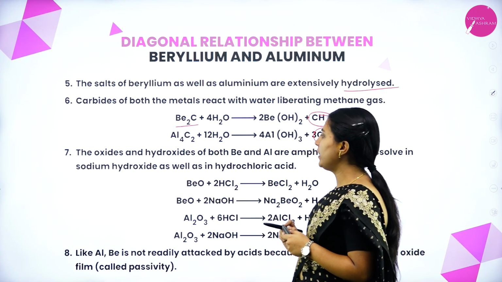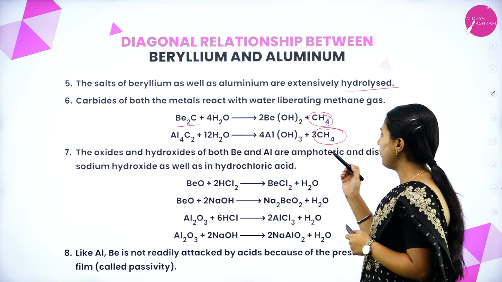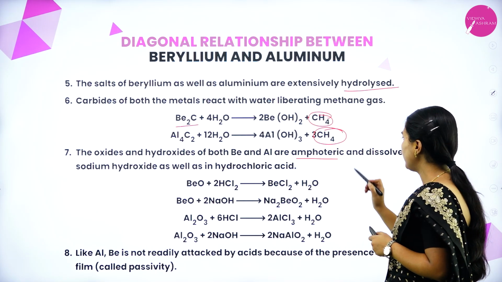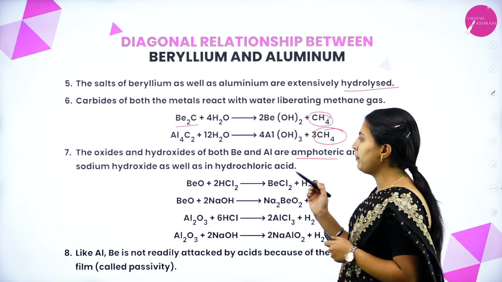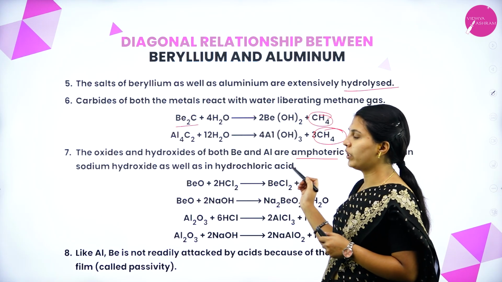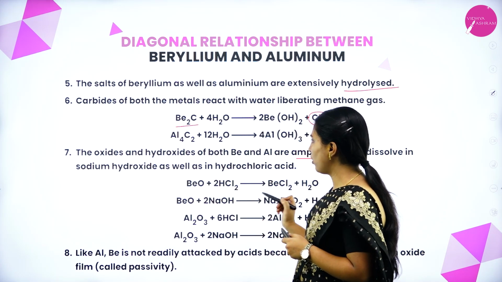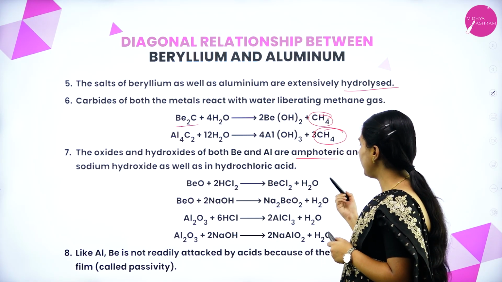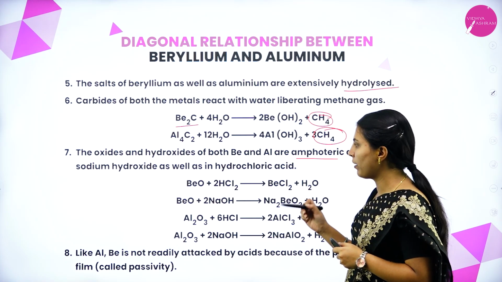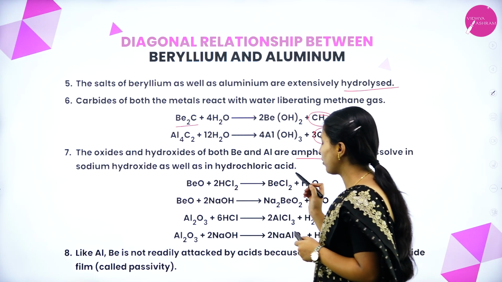The oxides and hydroxides of both beryllium and aluminium are amphoteric and dissolve in sodium hydroxide as well as in hydrochloric acid.